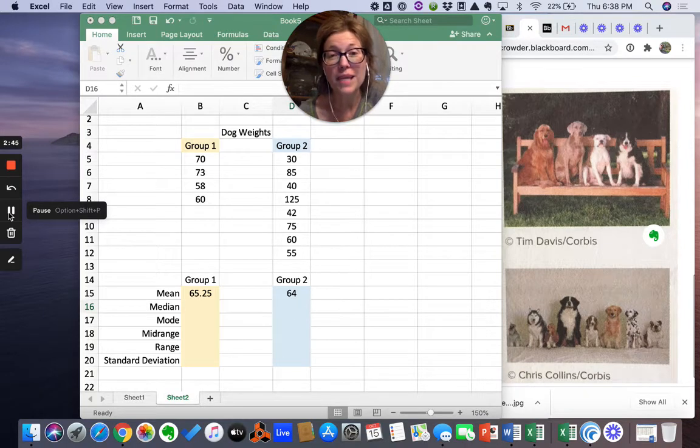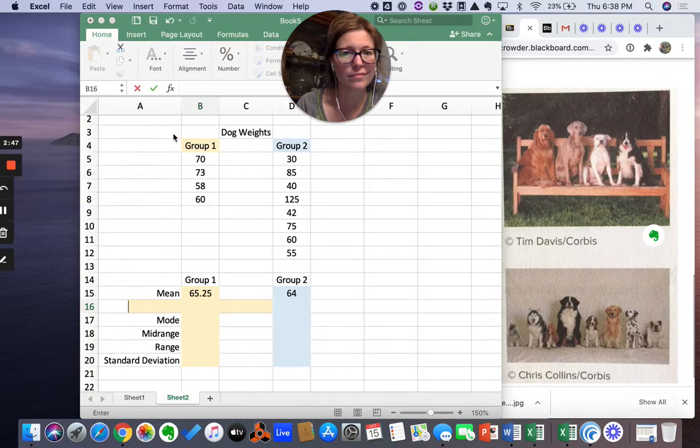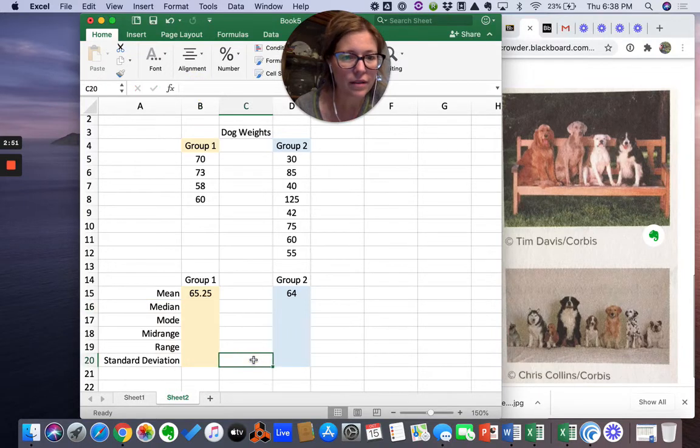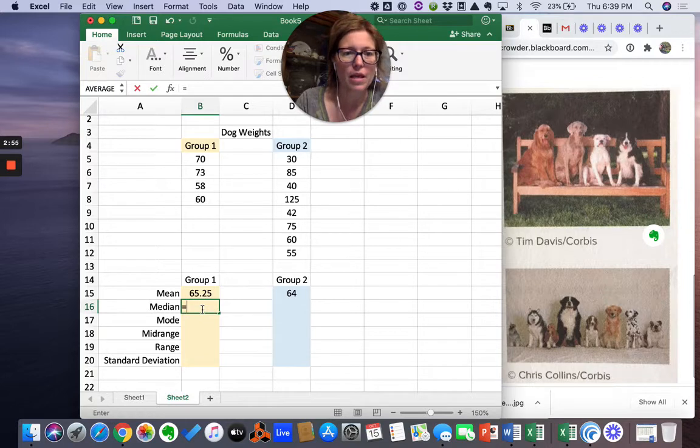Okay, now for the median. Let's escape out of all that. Equals. I'm just going to start typing median, parenthesis, up. There we go. It recognized that that's what I want.